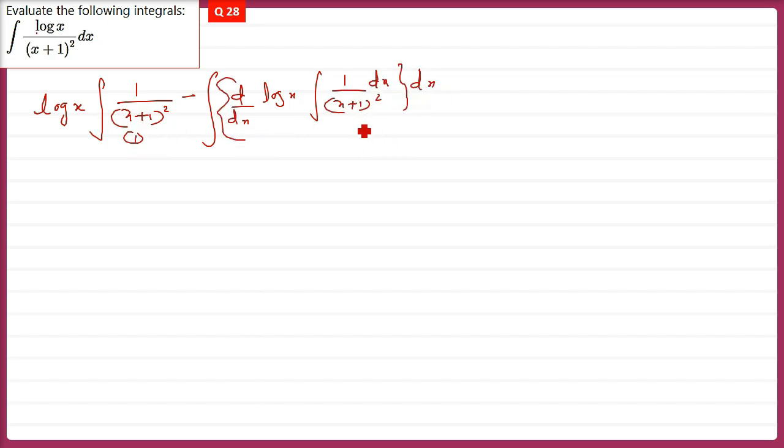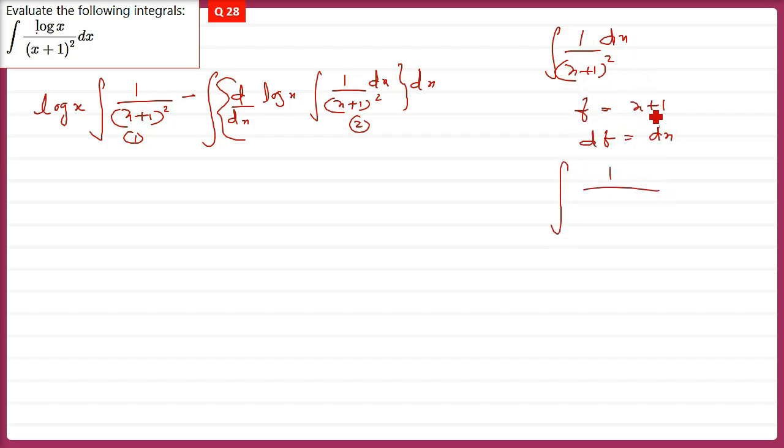Integration of 1 by x plus 1 whole square has come twice. So 1 by x plus 1 whole square, this x plus 1 whole square goes up. If you just take t equals x plus 1, that will be easier. dt and dx will be equal. So basically you are integrating 1 by t square, because t was taken as x plus 1. If you square it, x plus 1 whole square, it will be t square, 1 by t square, and dt is equal to dx.